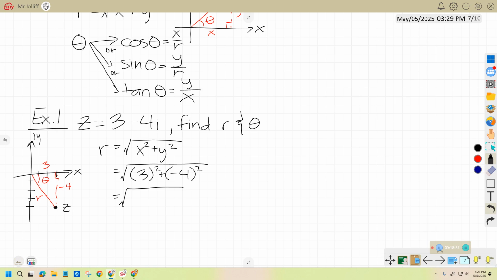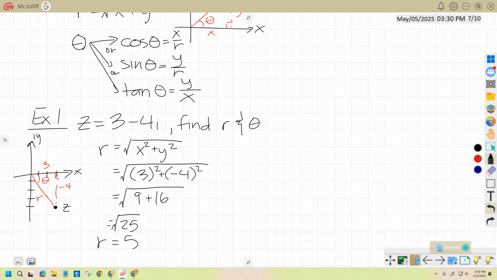Square root of 3 squared is 9. Negative 4 times negative 4 is positive 16. So this is the square root of 25, which is 5. r equals 5. So I found my modulus. My modulus is 5.